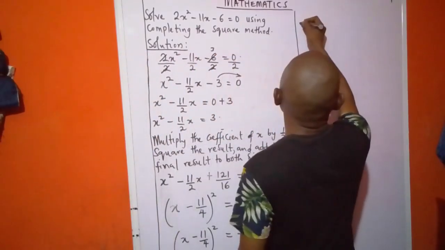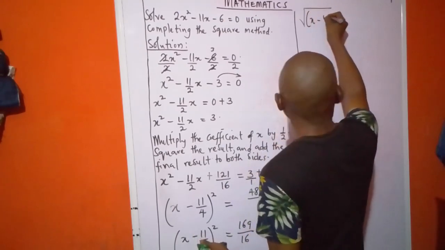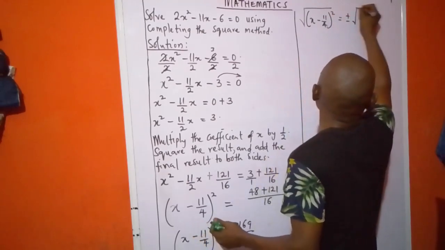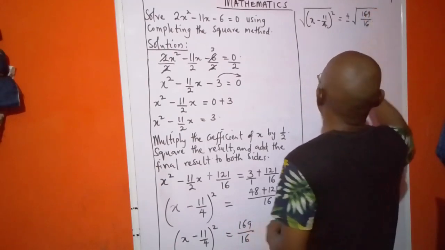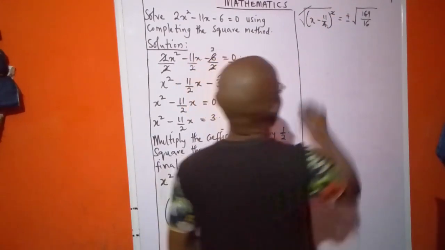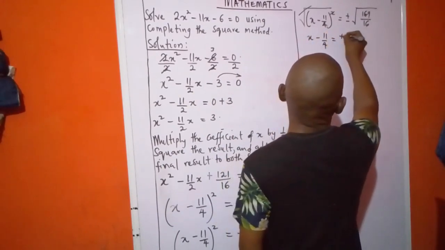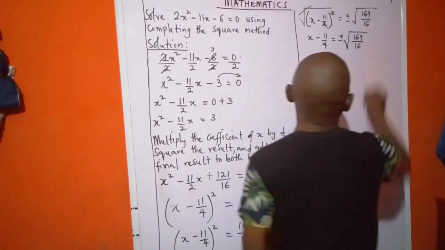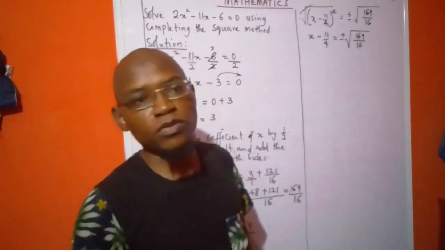So we'll be having the square root of x minus 11 over 4 squared equals plus or minus the square root of 169 over 16. So this square root will cancel out the square. So here we are now having x minus 11 over 4 equal to plus or minus the square root of 169 over 16. Okay.